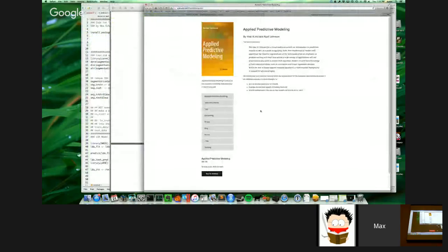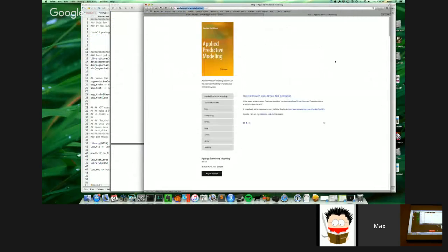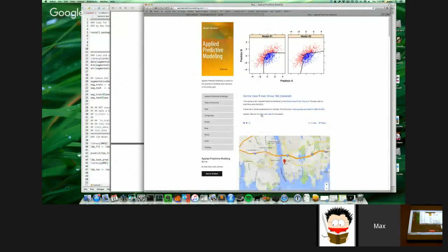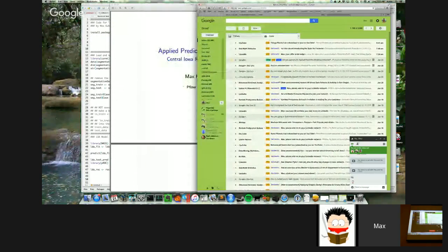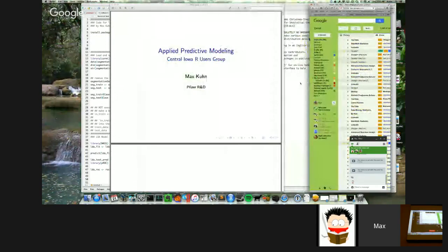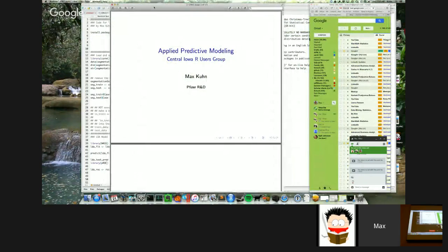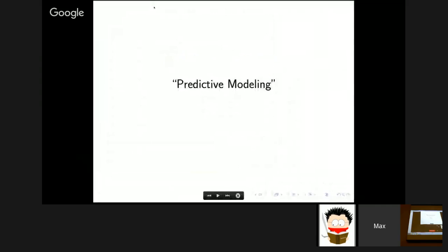If you go to the website, appliedpredictivemodeling.com, one word.com, there's a blog post that today has a link for the slides and the code. All of the things I'm going to show today, the data is in one of the R packages, so you can reproduce everything that I'm going to talk about. We'll go to full screen for a few minutes, and then I'll check back every once in a while to see if there are questions.